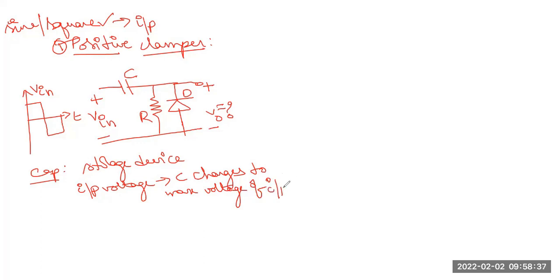Let us say your input is 5 volts. For our understanding, I am writing here: this is 0, this is 5. When this positive half cycle goes as input to this circuit, the capacitor here immediately charges to this 5 volts. That is what I mean by the capacitor charging to the maximum voltage of the input.